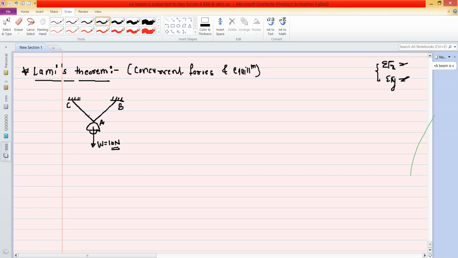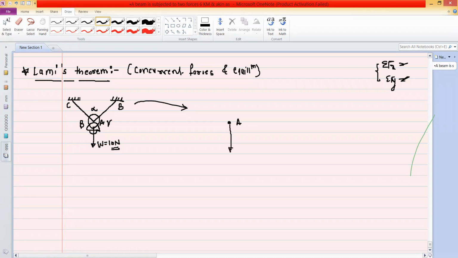Okay, so consider the angle between AB and AC as alpha, the angle between AC and the weight W as beta, and the remaining angle as gamma. So when you draw the free body diagram for this system, this is the point of concurrency.